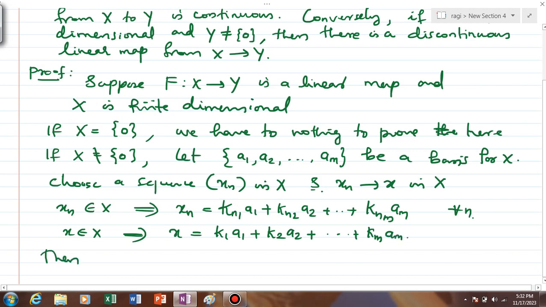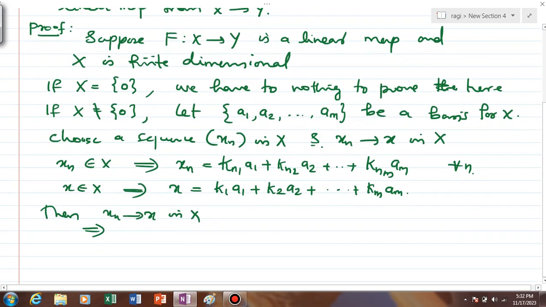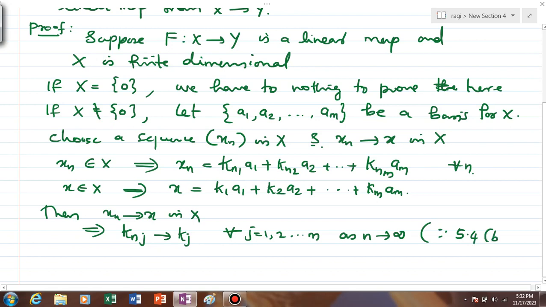Then we have chosen the sequence in such a way that xn converges to x in X, which means that the corresponding coefficients converge. That is, the coefficients knj converge to kj for every j equal to 1 to m as n tends to infinity, by Theorem 5.4(b).